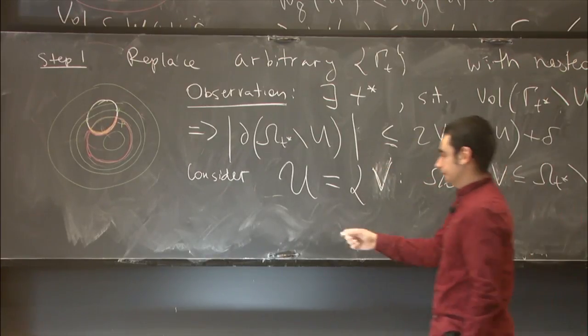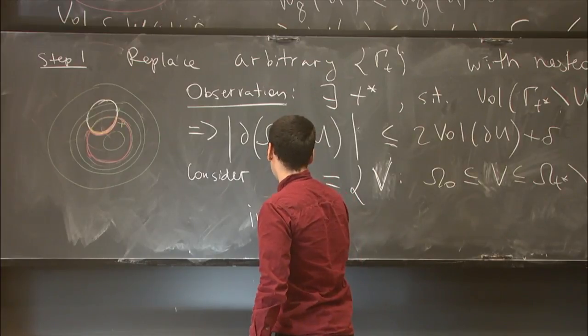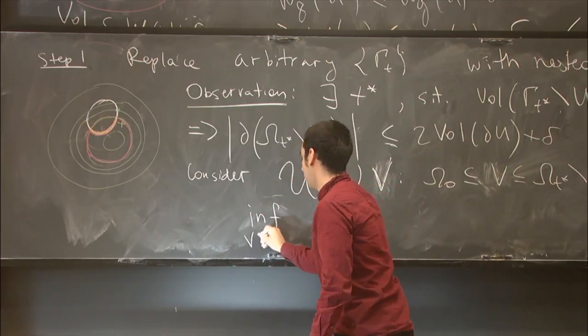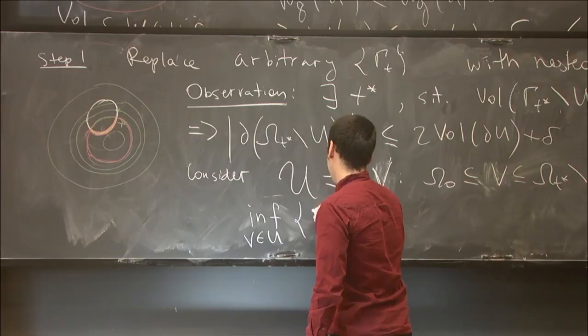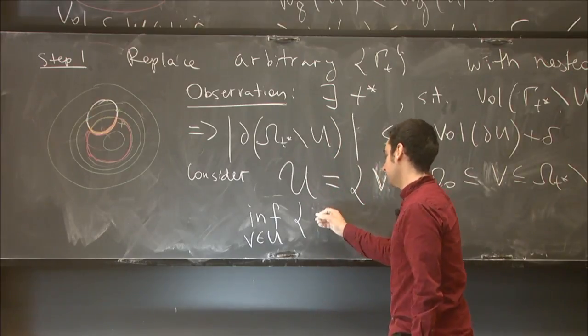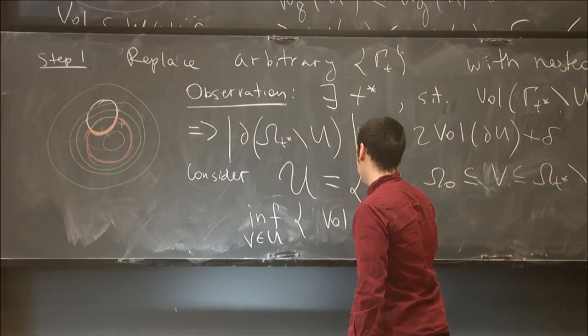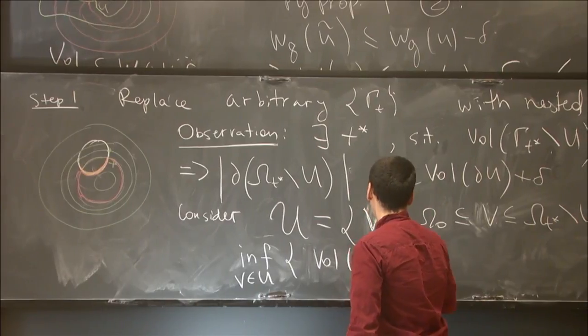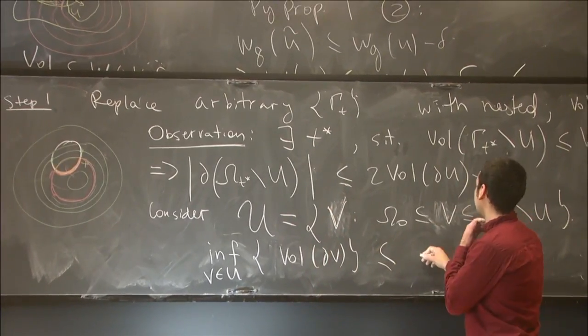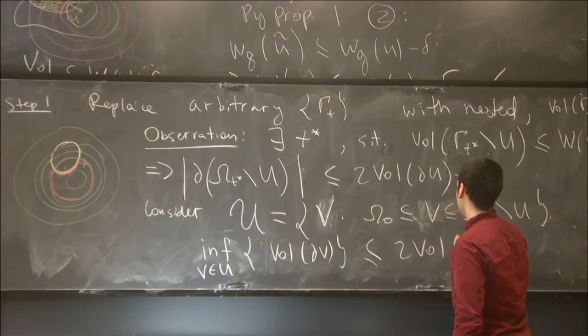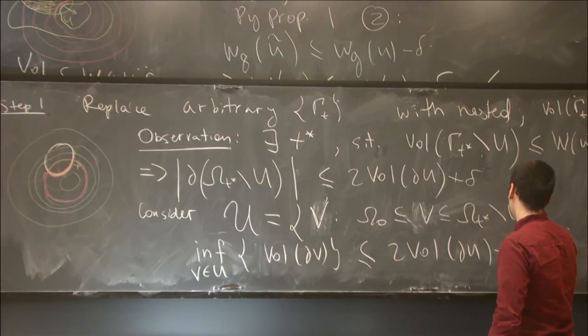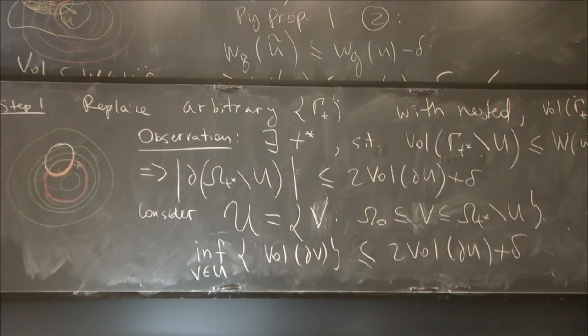And then if we minimize among all subsets the size of the boundary, we know that this is less or equal than 2 volume of the boundary of U plus delta.